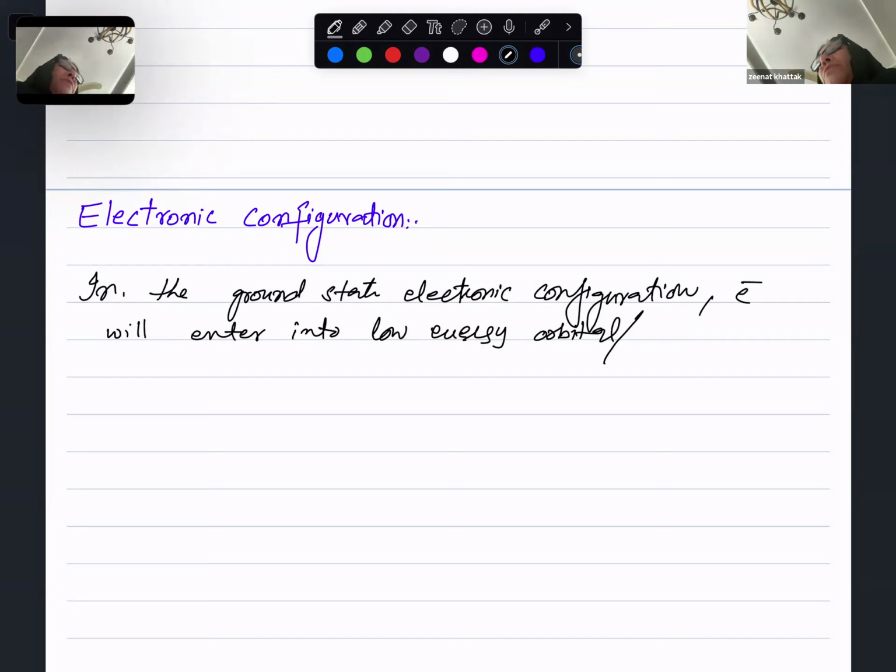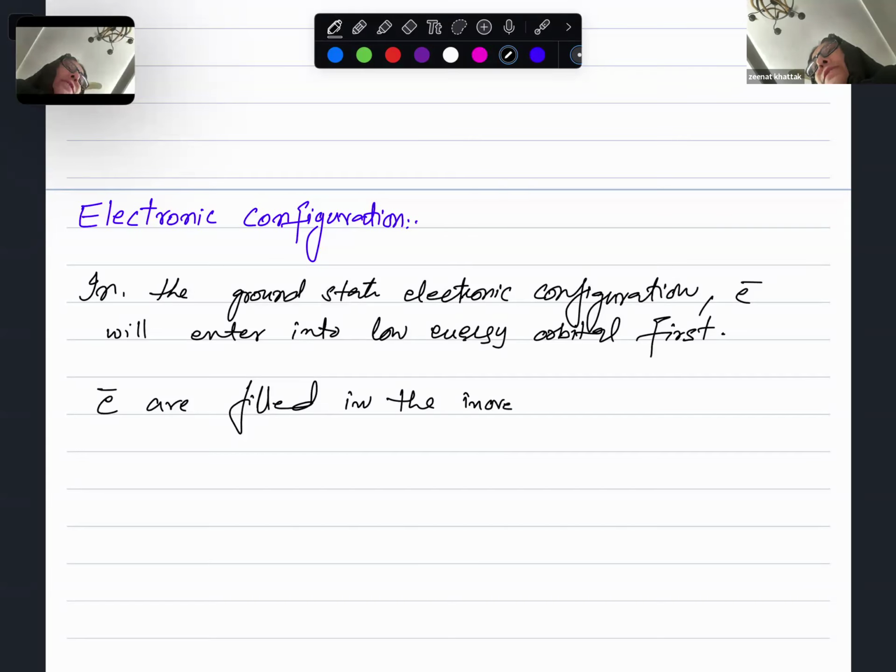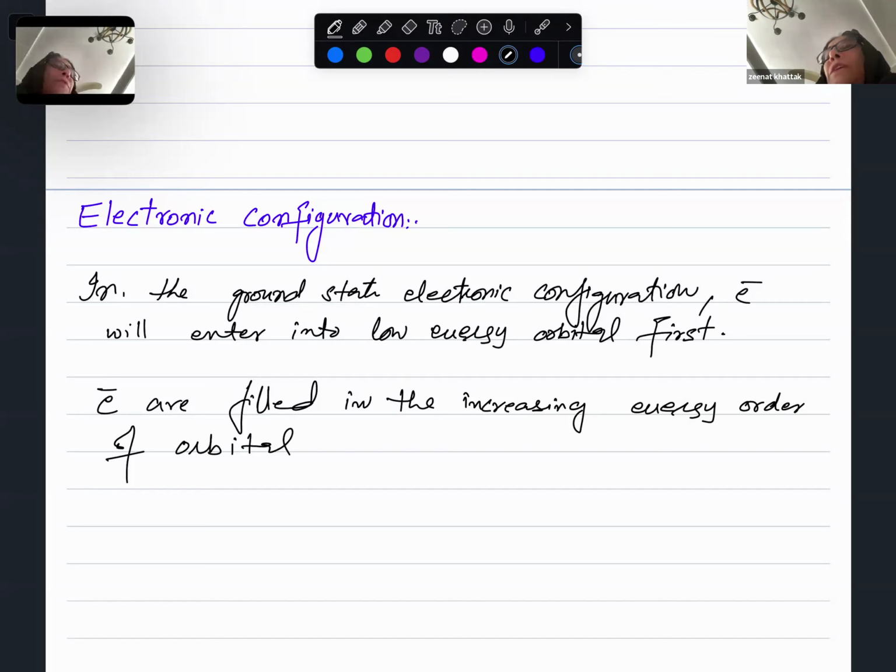We will go for the orbital. Low energy orbital first. So electrons are filled in the increasing energy order of orbitals. You know, this is called the Aufbau principle.